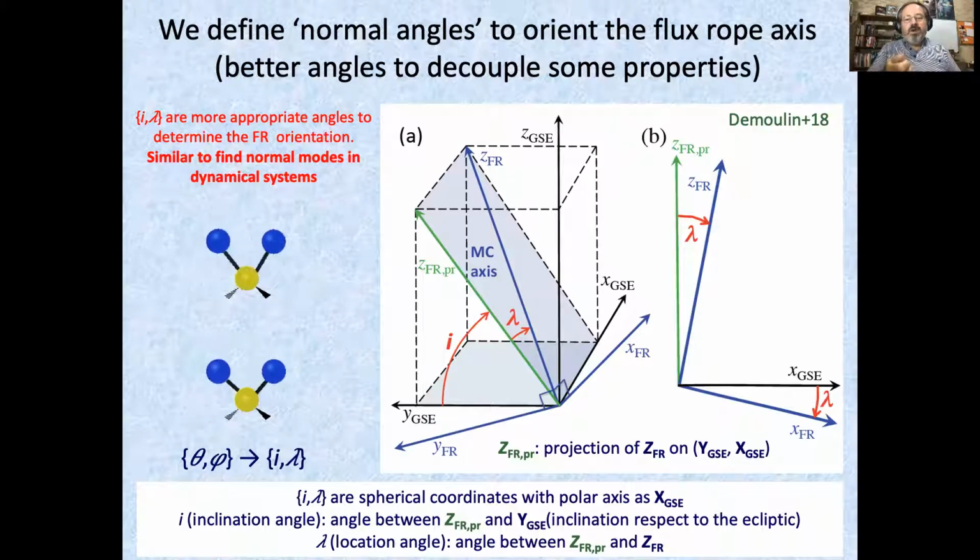But if you choose a variation of only one of the two angles, it will preserve this symmetry. And this is very important. You can enter deeper into the details in this paper. Our conclusion is that these two angles are a kind of normal modes, by comparison with dynamical systems, in the sense that the two motions are uncoupled when using these angles.